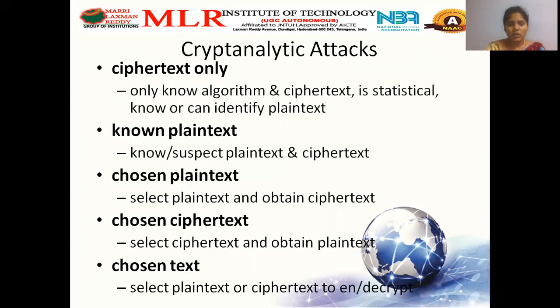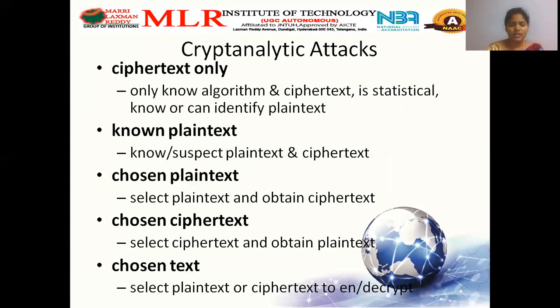Ciphertext only means only the algorithm and the ciphertext are known, and the attacker uses statistical methods to identify the plain text. Known plain text means the attacker knows or suspects the plain text and has the ciphertext.